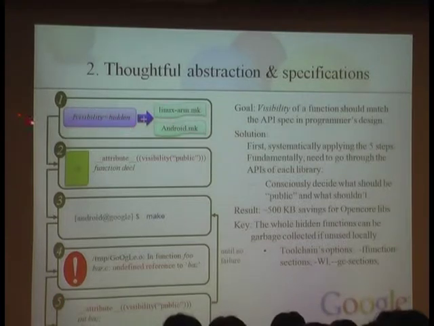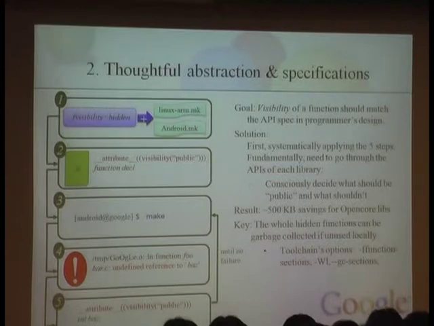Okay, so the key is, if for a particular component you want hidden visibility to reduce the size, then you can set the visibility as hidden. For those functions that are intended as a public API, you append the attribute visibility public next to the function declaration, and then you remake.